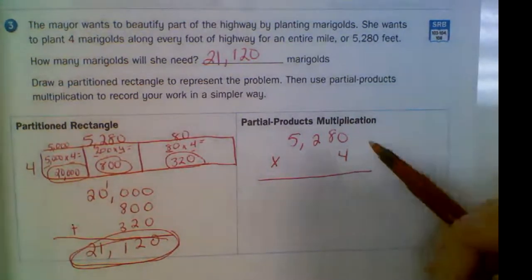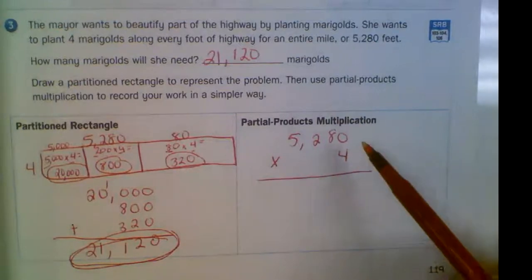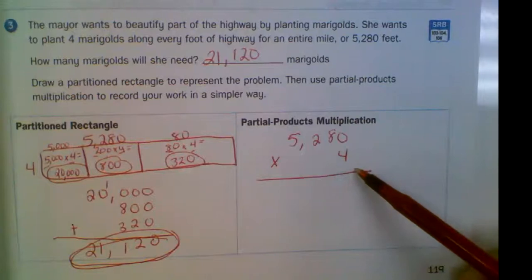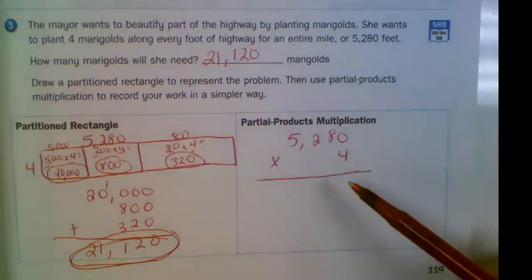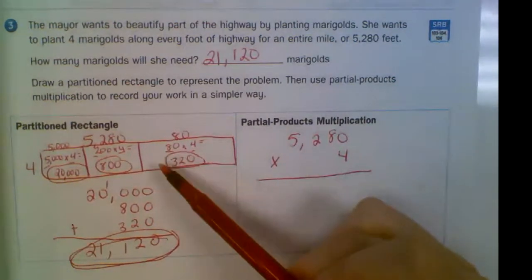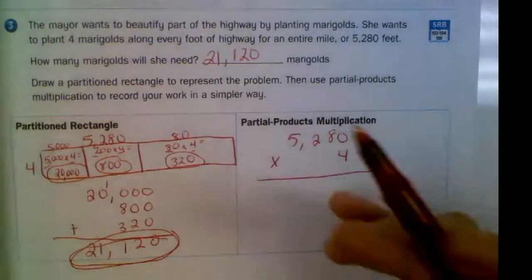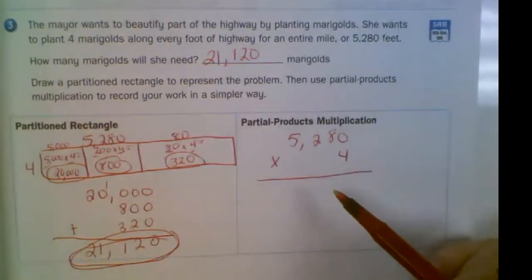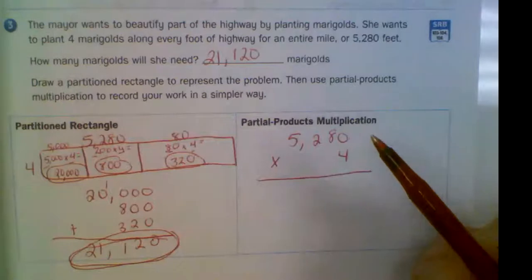It ends up being a lot easier and a lot less writing. So if you can actually get this method down, it's helpful because, like I said, it just is a lot less writing. So you're able to be more efficient. Okay. So, but it doesn't matter if this way is working for you when you're done. That's fine too, but I'm still going to teach you another way so you have another tool in your tool belt.